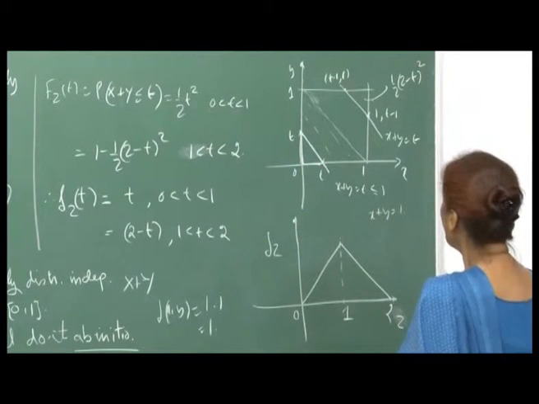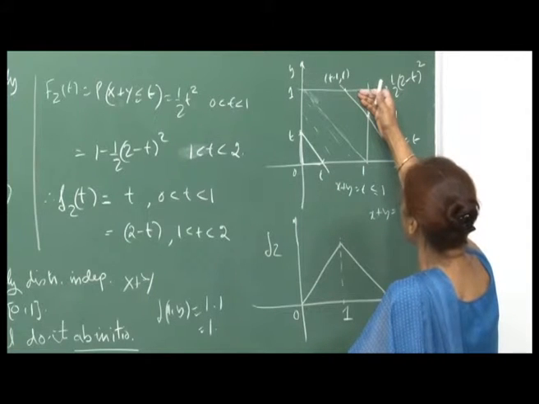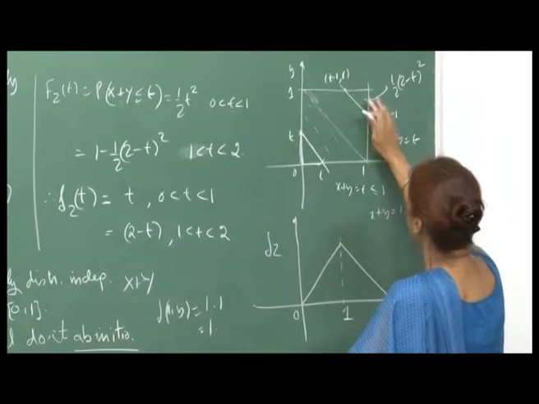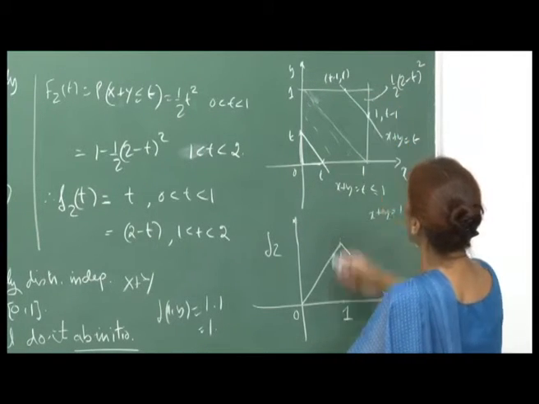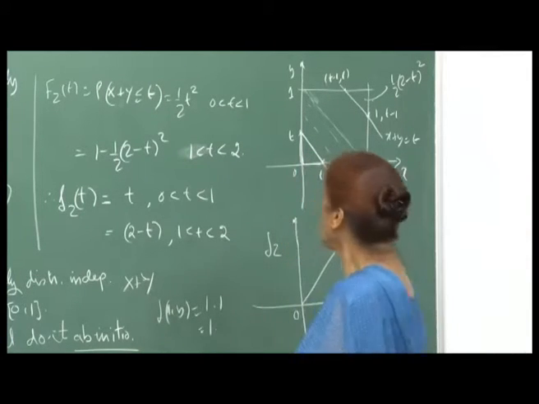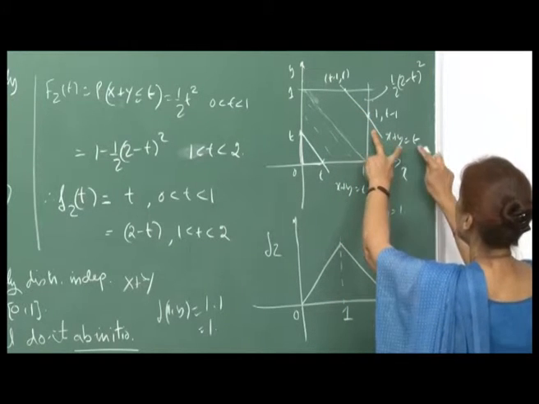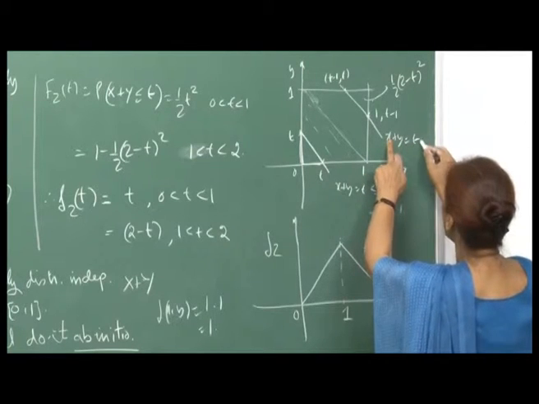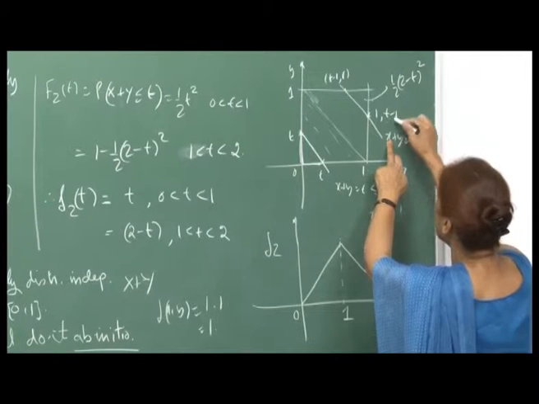Now, when t becomes more than 1, it is no longer this triangle, you need this area. So, from the total area 1, I will subtract the area of this triangle, and that will give me the required probability. This line is x plus y equal to t, and it intersects x equal to 1 at y equal to t minus 1, because t is greater than 1.